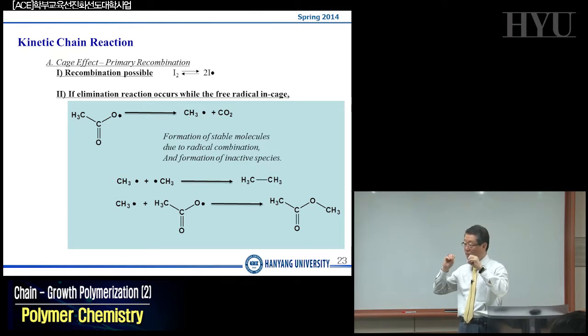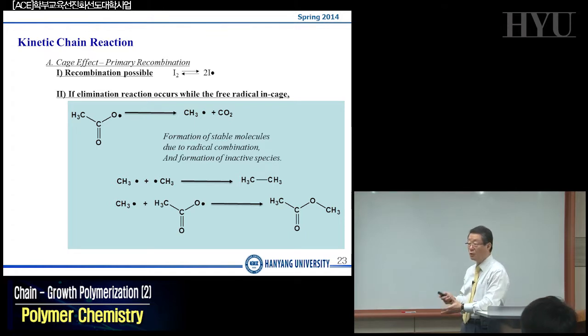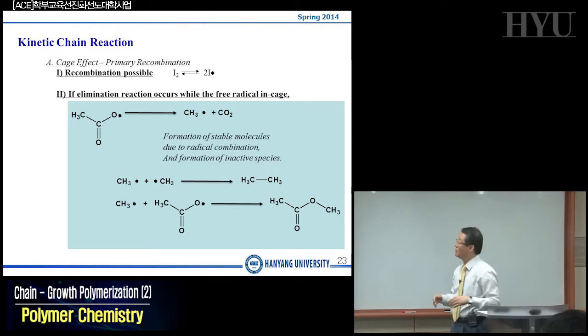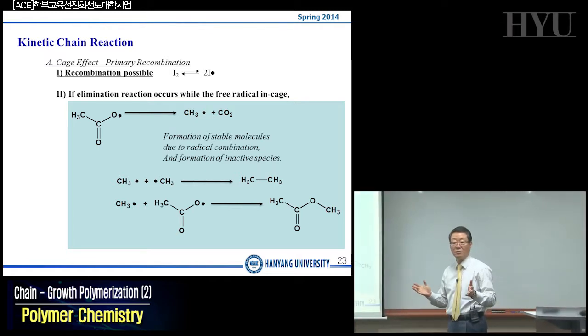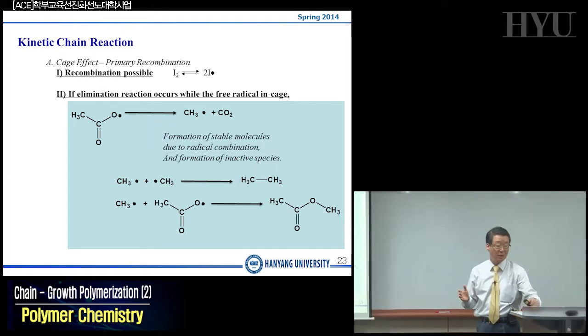Instead of attacking the monomer to initiate polymerization reactions, it just stays as dead species, so you lose your efficiencies within the cage. So with all the possibilities of recombination and elimination reactions, the efficiency factor is not usually 100%.